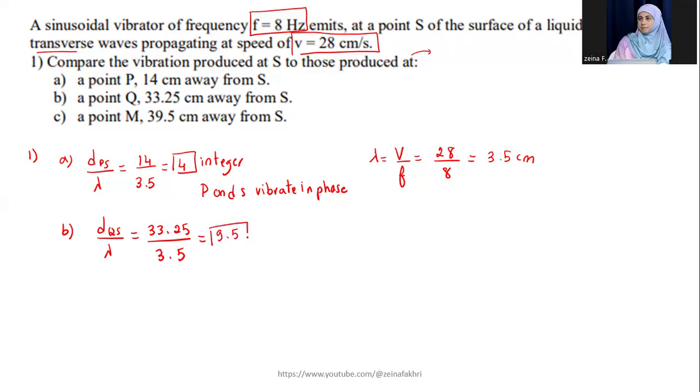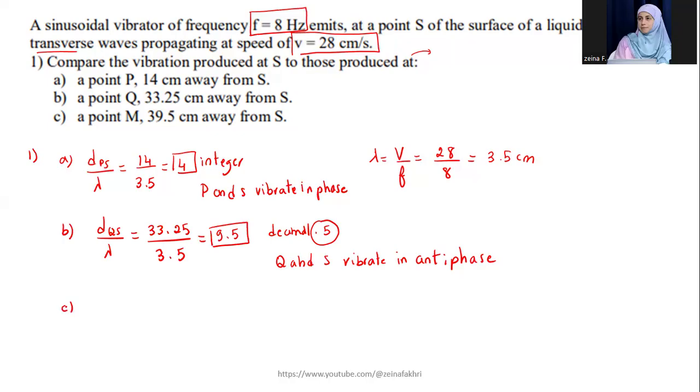We notice here that we have a decimal number, and it's a decimal 0.5. So it means we have here a half lambda, which means that Q and S vibrate in antiphase or in opposition of phase.